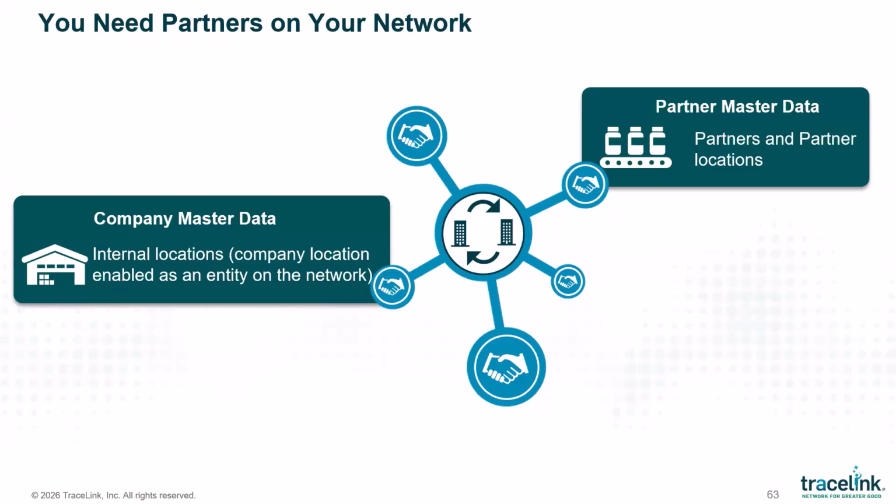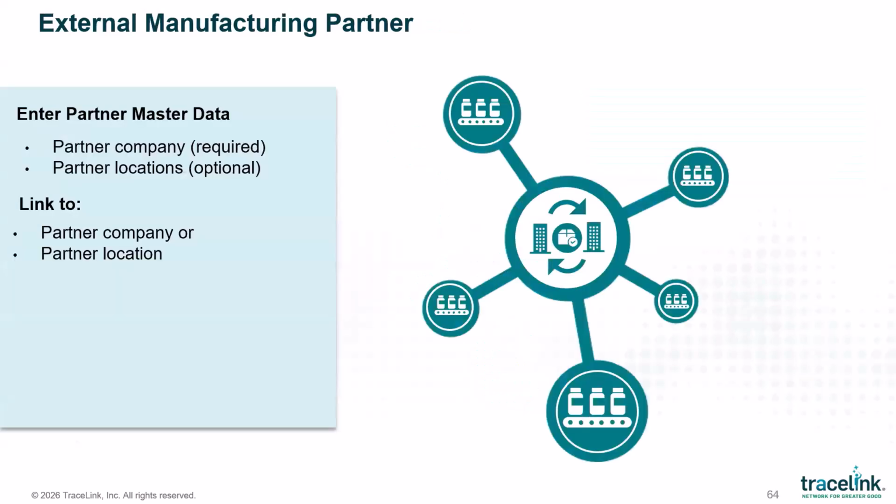For example, if Poet Owner needed to exchange serialized data between corporate systems and an internal packaging site, that internal location could be linked to support inventory tracking and manufacturing transactions in the same structured way as an external partner. In your current business scenario, however, Poet Partner is an external contract manufacturer, so you will enter Poet Partner in your Partner Master Data.